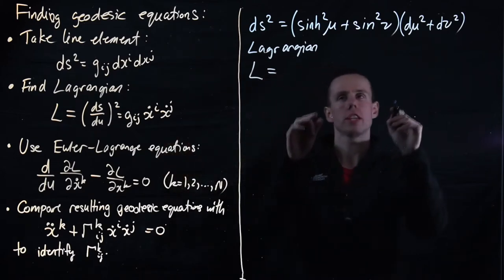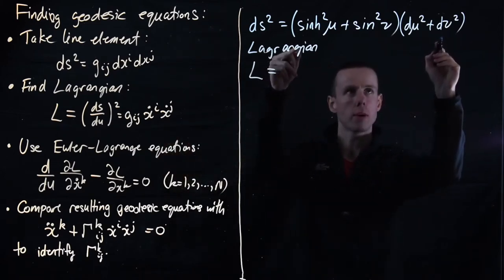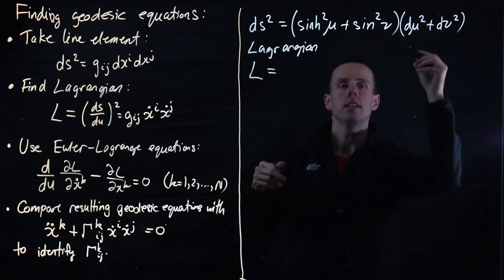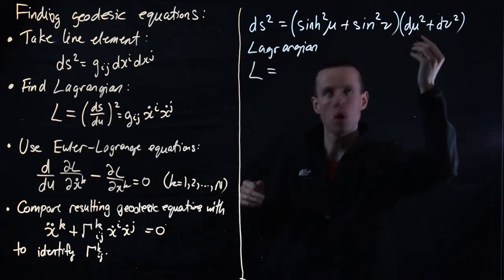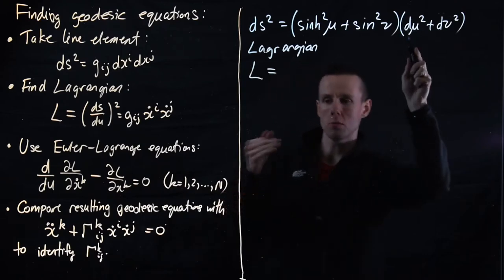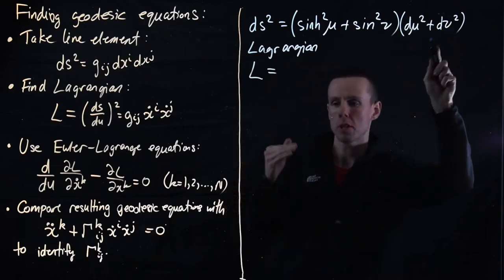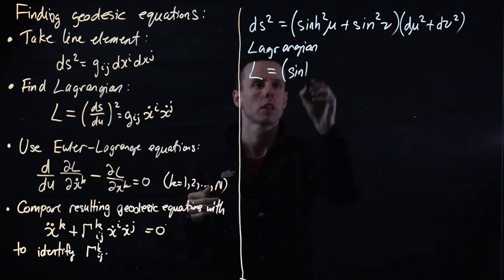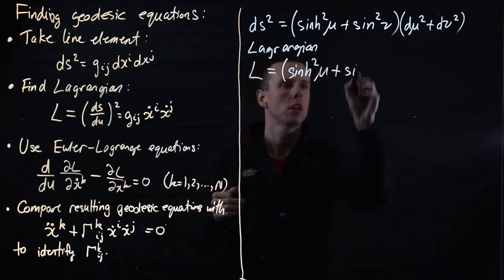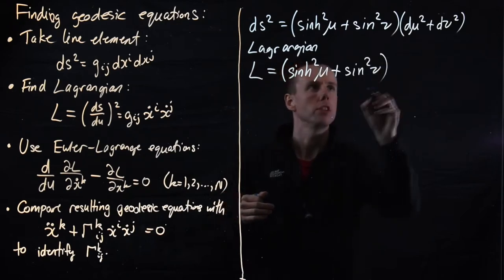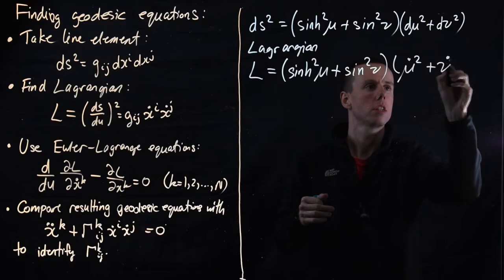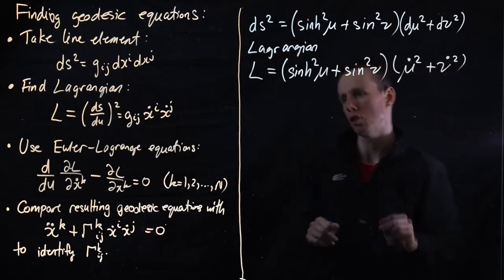To get the Lagrangian, just take your expression for ds squared, and where you have differentials, like here, d mu, just change it into a coordinate with a dot above it. So d mu just becomes mu dot, d nu just becomes nu dot. So this just becomes sine squared mu plus sine squared nu times mu dot squared plus nu dot squared. That's your Lagrangian.